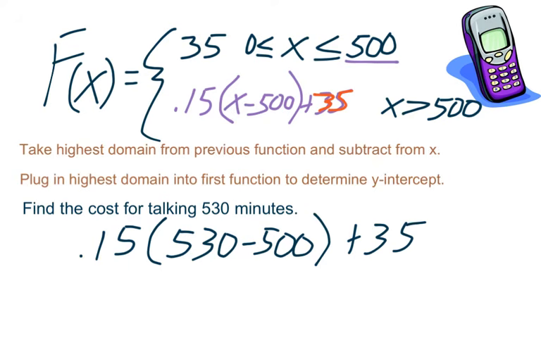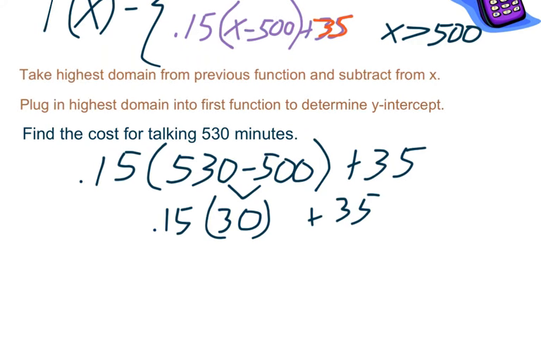So 530 minus 500 is 30, so I'm just doing 30 times 0.15, and 3 times 15 is 45. So that would give me $4.50 plus 35, which is $39.50.